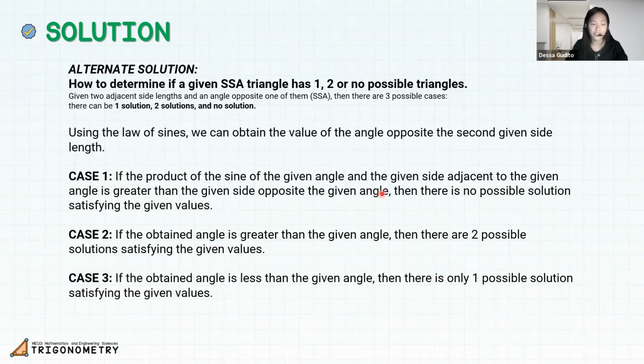Case 2 states that if the obtained angle is greater than the given angle, then there are two possible solutions satisfying the given values. And lastly, case 3: if the obtained angle is less than the given angle, then there is only one possible solution satisfying the given value.